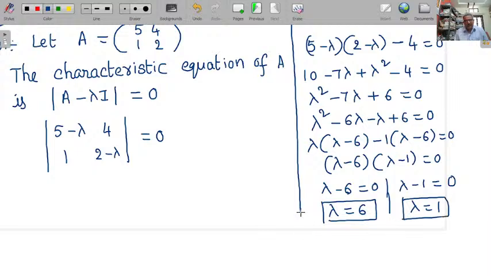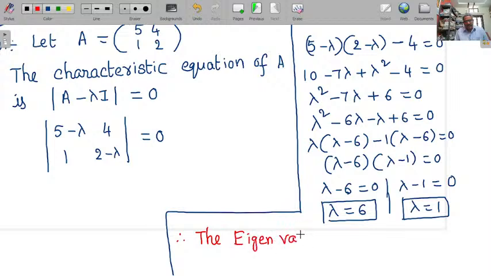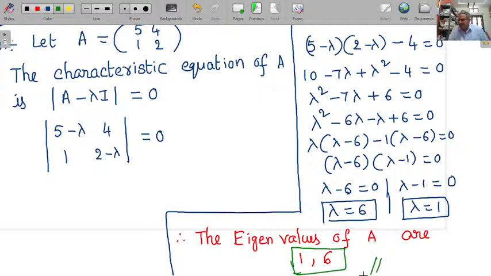Therefore you need to write: the eigenvalues of A are 1, 6. So this is the answer. I hope it's very clear to you.